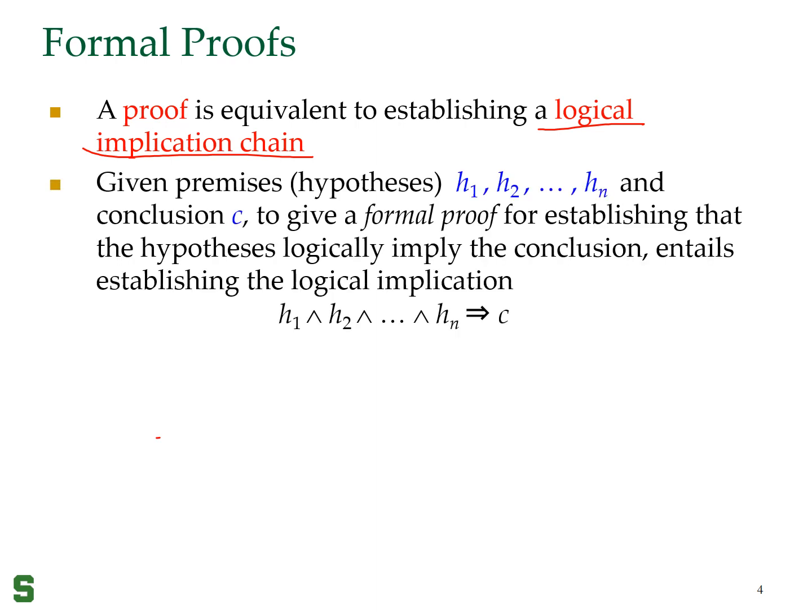Given a set of premises or hypotheses, we'll use H1, H2, H3 up to Hn to describe the different hypotheses. If our goal is conclusion C, then to give a formal proof, essentially what we have to do is establish that the hypotheses logically imply the conclusion.